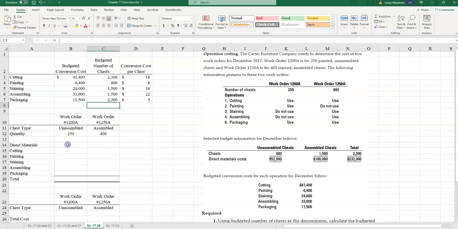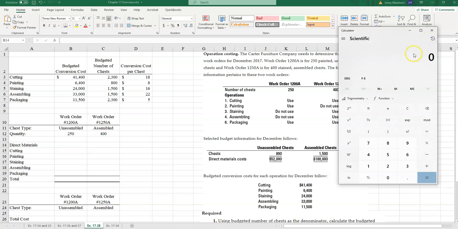So let's figure out the cost of direct materials here. I need to go back to my information here, and I'm told the direct materials cost total is $52,000 for 800 chests. So what is my direct materials cost per chest? Well, if I calculate my direct materials cost per chest, I will have 52,000 divided by 800 chests.